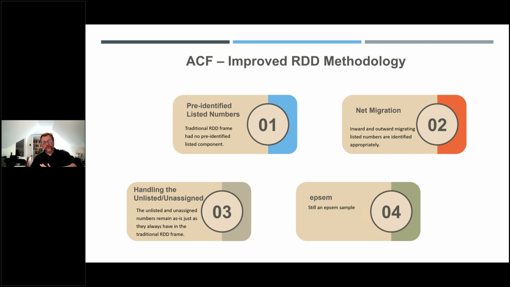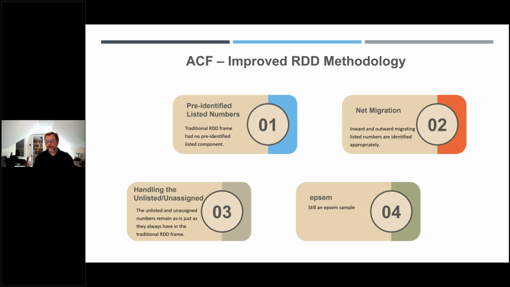So again, if you were doing an RDD sample in Philadelphia County, for instance, anybody who moved outside of Philadelphia with their cell phone, moved across the country to California, would not be included in the frame. However, people who have moved to Philadelphia from various parts of the country would be included in the sample frame. So basically, it's just a replacing of the listeds, and the listeds that end up in the listed component of the RDD frame belong in Philadelphia County.